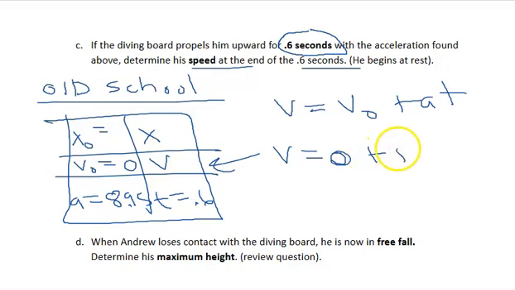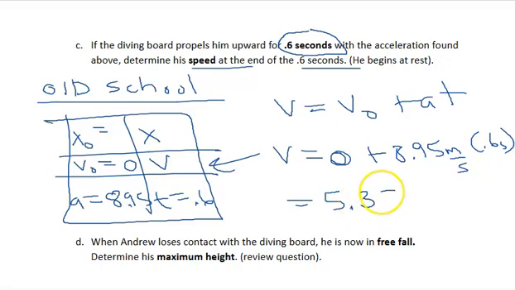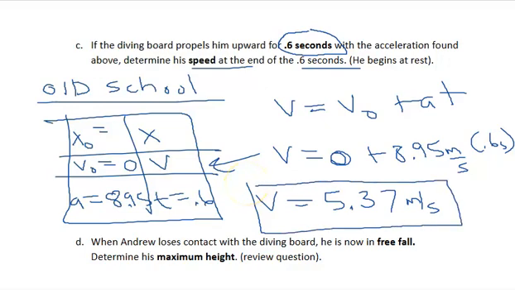We started at rest. We gained speed at a rate of 8.95 meters per second squared times 0.6 seconds. So he propels himself up by pushing against the environment with a speed of 5.37 meters per second.